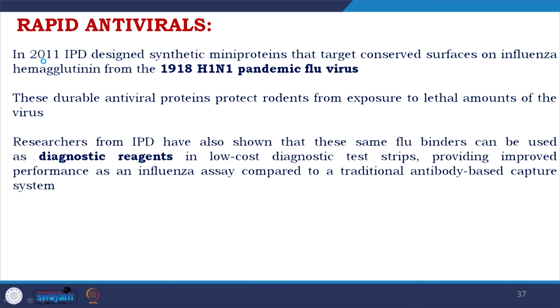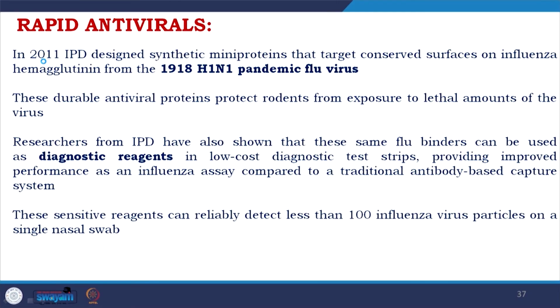Researchers from IPD have also shown that these same flu binders can be used as diagnostic reagent in low-cost diagnostic test strips, providing improved performance as an influenza assay compared to a traditional antibody-based capture system. This sensitive reagent can reliably detect less than 100 influenza virus particles on a single nasal swab.